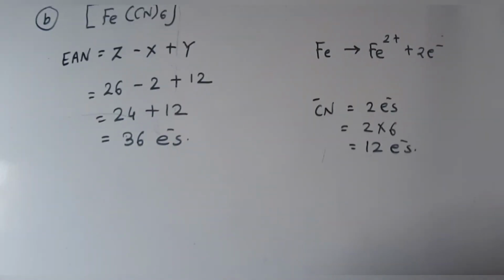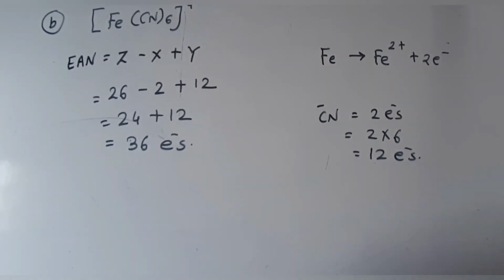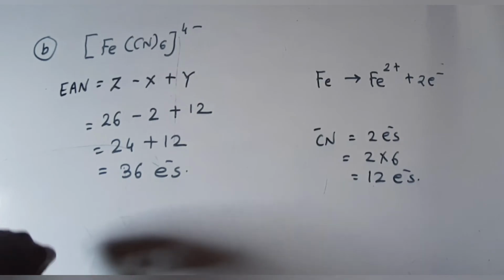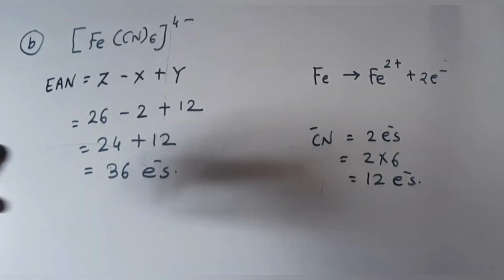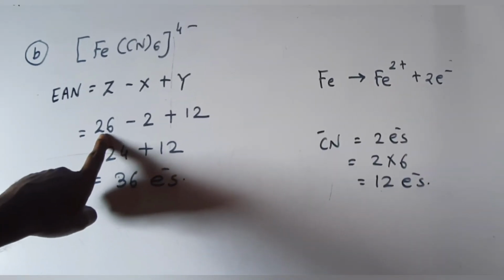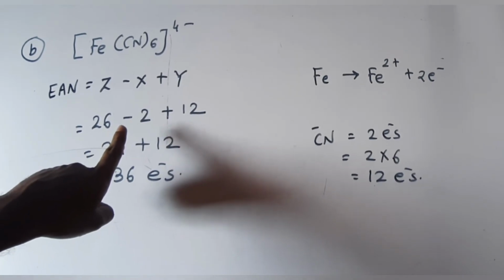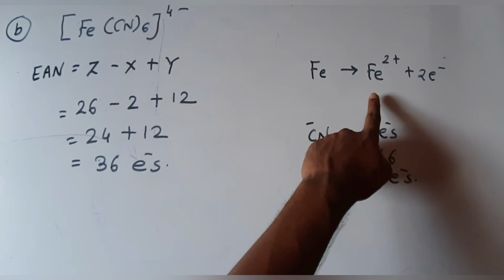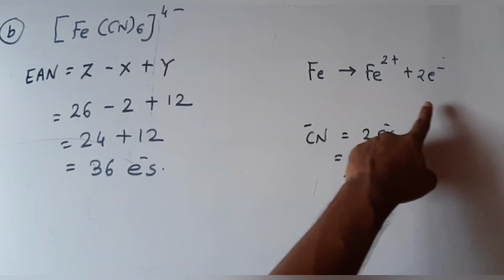Now second option is Fe(CN)6 4-. Now for this complex ion, Z value for Fe is given as 26 minus number of electrons lost during formation of Fe2+ ion from Fe, which is 2.